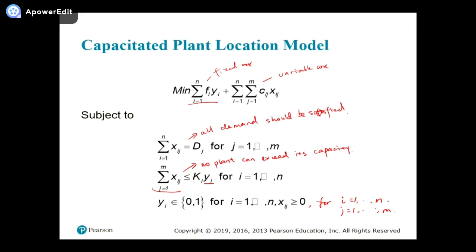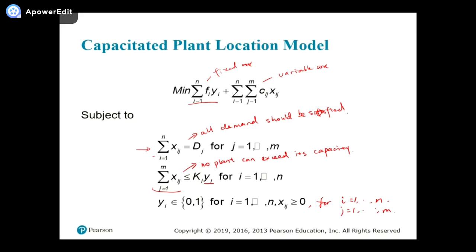Question? In the first condition, is it considering the quantities that the plant is going to hold at its own location? You said all demand should be satisfied. So if North America has a certain amount of units at its own location, it should take the remaining units from some other market, right?